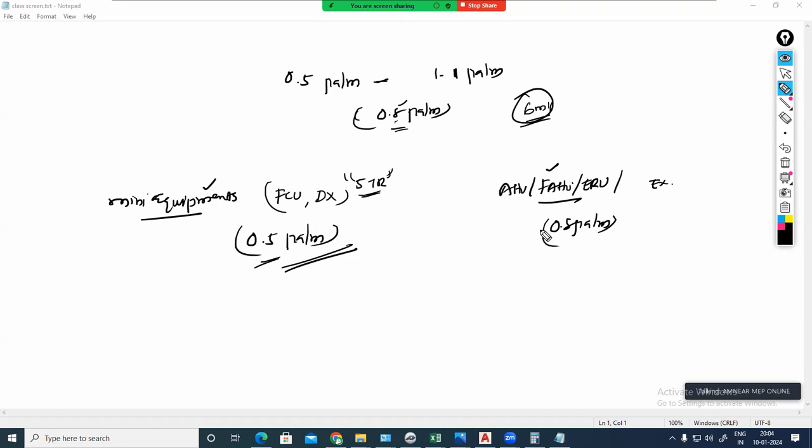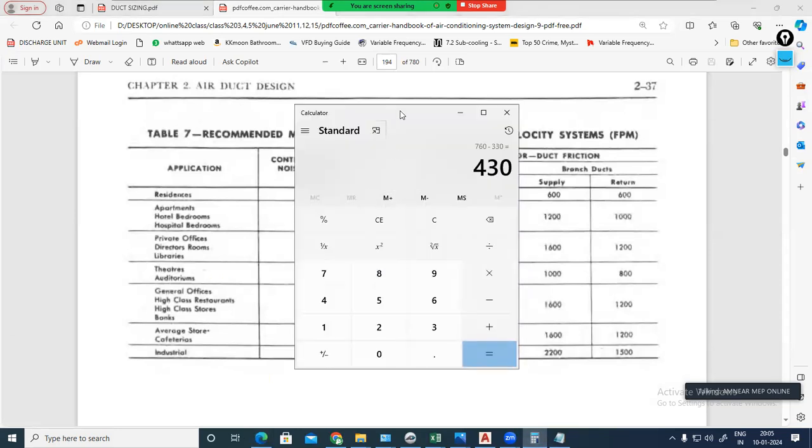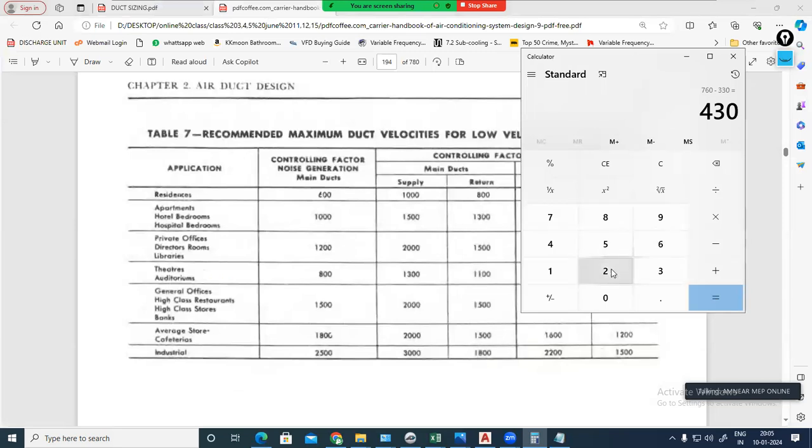Okay. Clear. And as you know, whether there are bigger equipments or smaller equipments, look at velocity ranges. In some cases, such as industrial applications, as per the ASHRAE standard, duct velocity can go up to 2,500 feet per minute. 2,500 divided by 196.8 gives 12.7 meter per second.